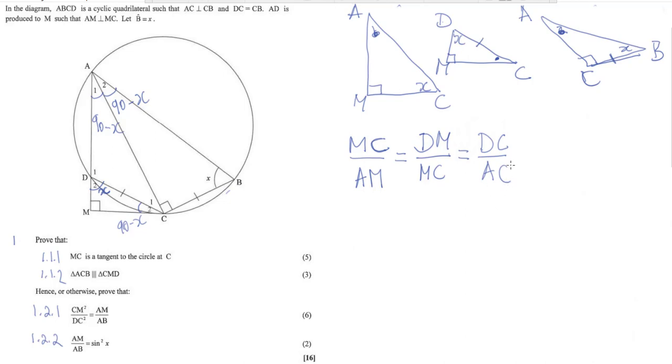Now, we have to look again at this triangle with this one. But if you are clever here, we can cross multiply.